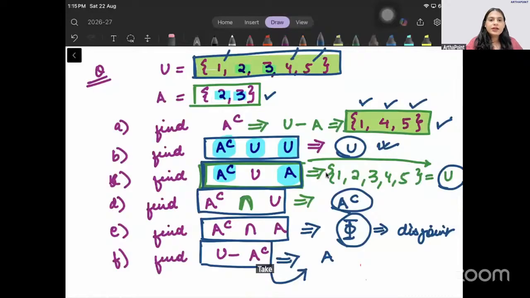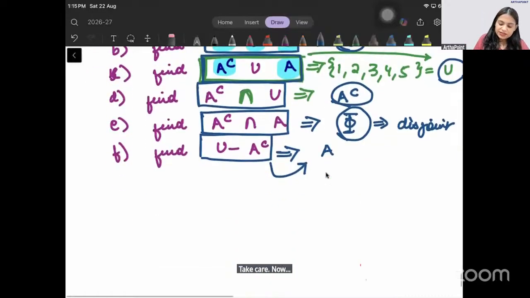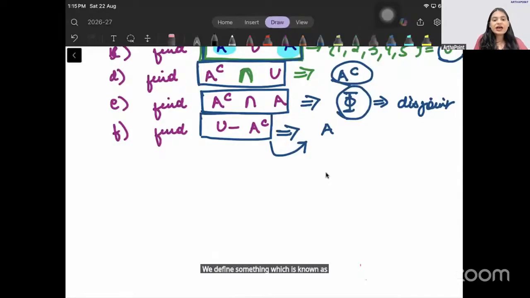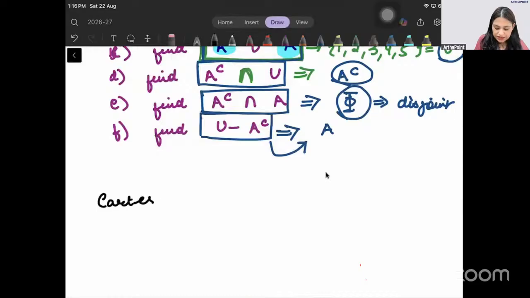Okay. Now, we define something which is known as Cartesian product.